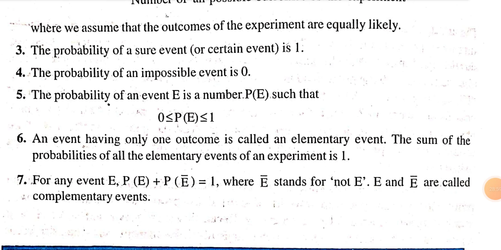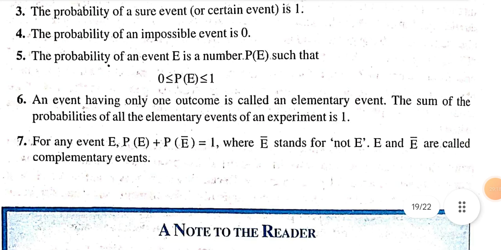The probability of a sure or certain event is 1. 4. The probability of an impossible event is 0. 5. The probability of an event is a number P(E) such that 0 ≤ P(E) ≤ 1.